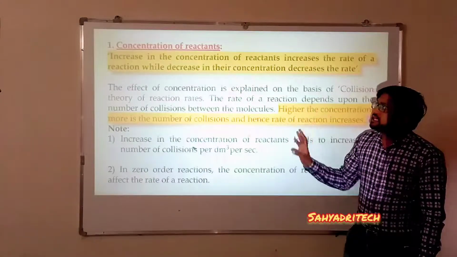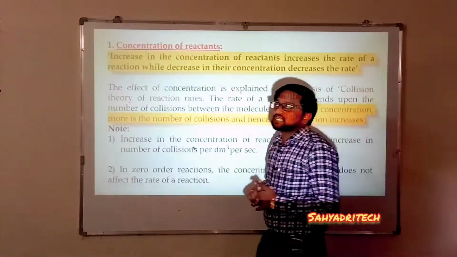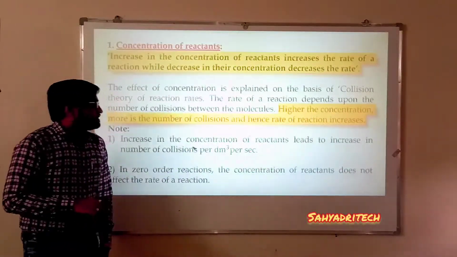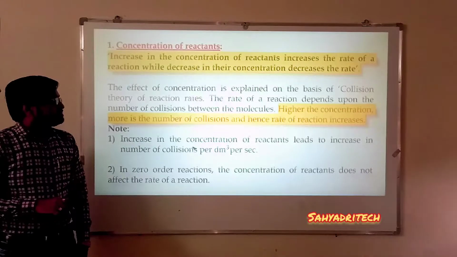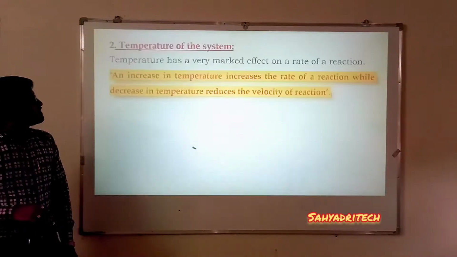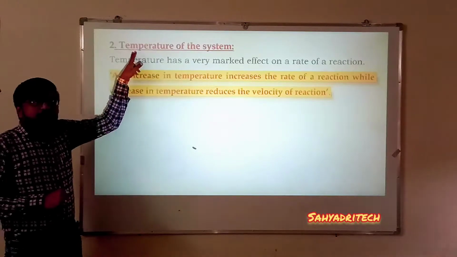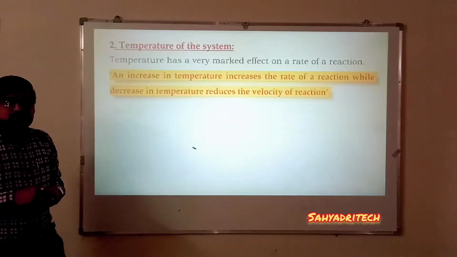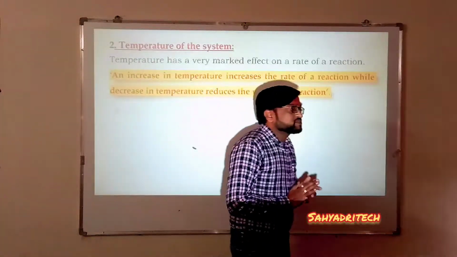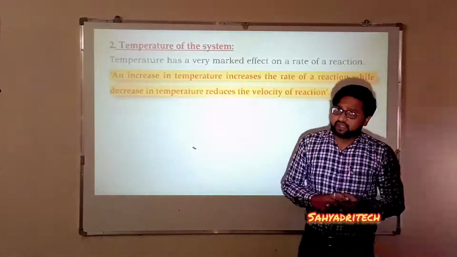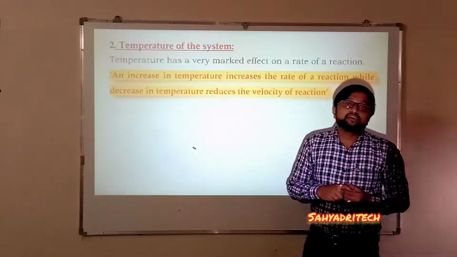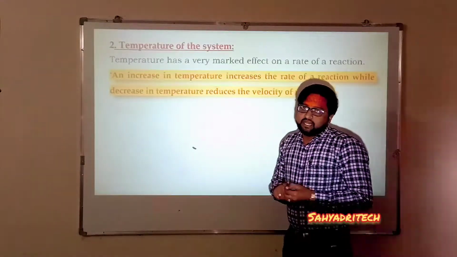Well, that's regarding the first factor, concentration of reactants. Well, coming to the second one, what is the second factor? Temperature of the system. It means the temperature of measurement. The temperature at which that reaction is being carried out also affects the rate of a chemical reaction.